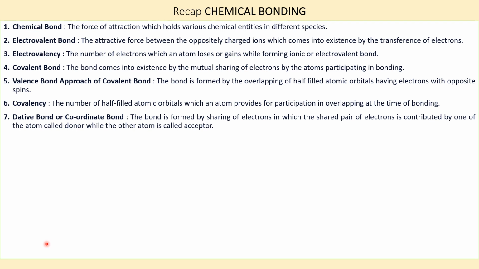Coordinate bond or dative bond: the bond is formed by sharing electrons in which the shared pair of electrons is contributed by one of the atoms called the donor, while the other atom is called the acceptor.